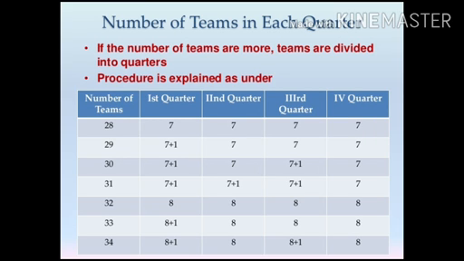so you will be able to understand that when the remainder is 0, the total number of teams is equal in the quarters. When the remainder is 1, one extra team will be in the first quarter.